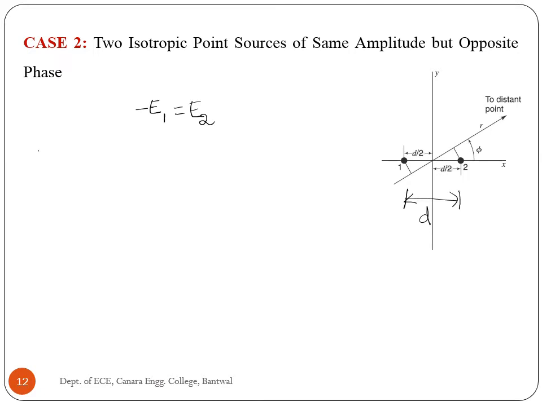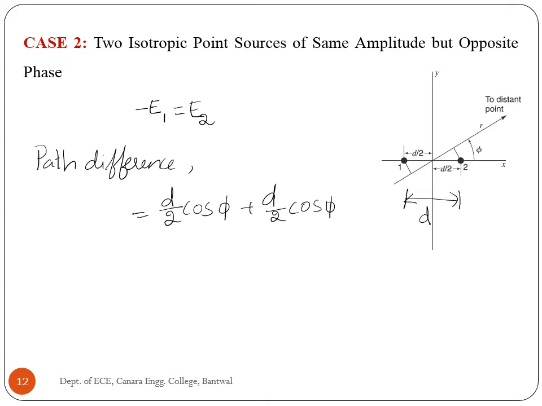Therefore, path difference is equal to d by 2 cos phi plus d by 2 cos phi, which is equal to d cos phi in wavelengths divided by lambda.